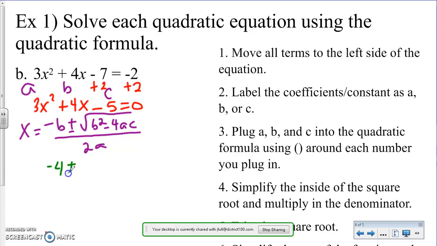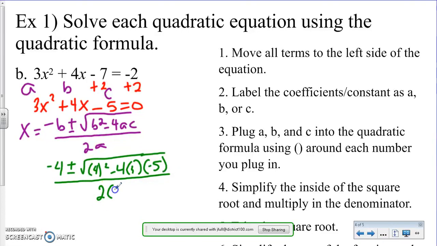So negative 4 plus or minus the square root of b, which is 4, squared, minus 4 times our a, which is 3, times our c, which is negative 5. All over 2a, so 2 times a is 2 times 3.